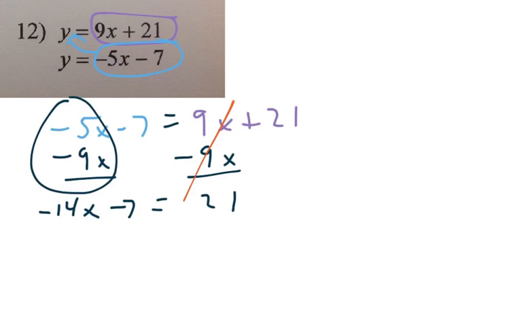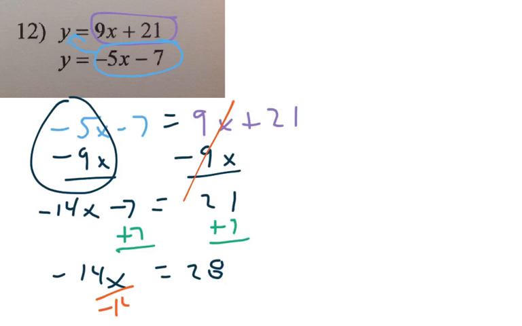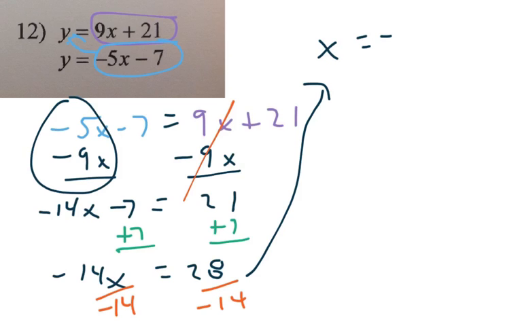Continuing on, couldn't we go ahead and add 7 to both sides? And that leaves us negative 14x equal to 28. And then finally, let's just go ahead and divide by negative 14. And moving up here, we know x must equal negative 2. Because positive 28 divided by negative 14 is negative 2.